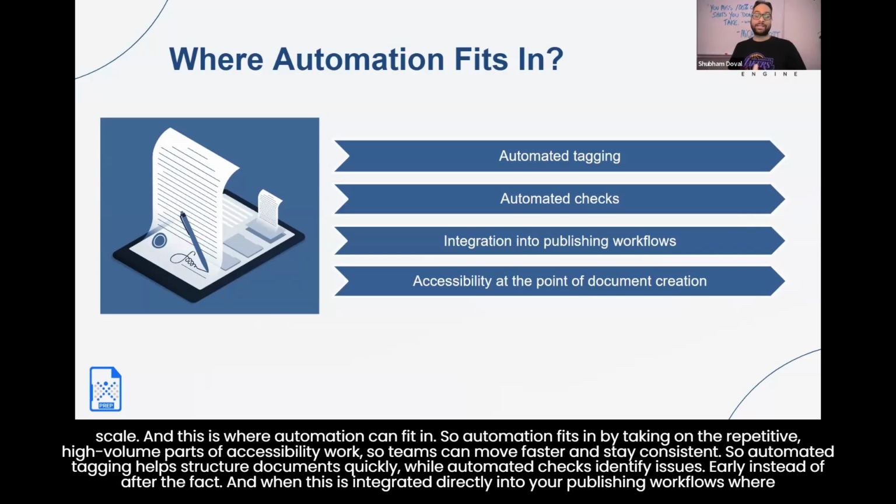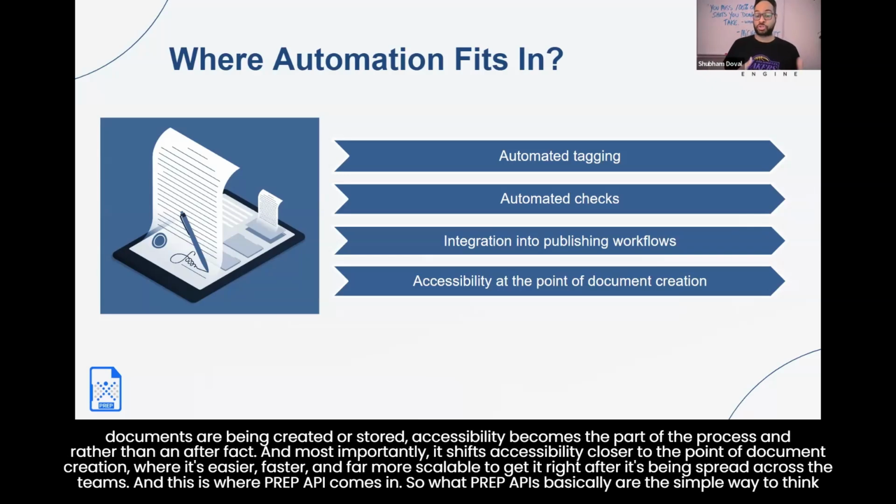And when this is integrated directly into your publishing workflows where documents are being created or stored, accessibility becomes part of the process rather than an afterthought. Most importantly, it shifts accessibility closer to the point of document creation, where it's easier, faster, and far more scalable to get it right, rather than after it's been spread across the teams.